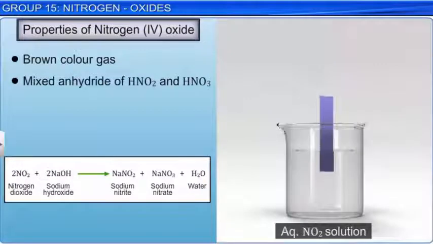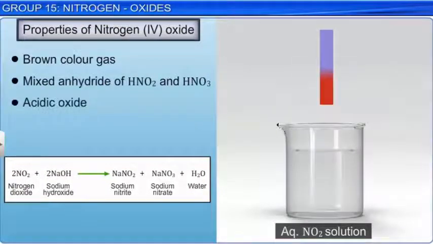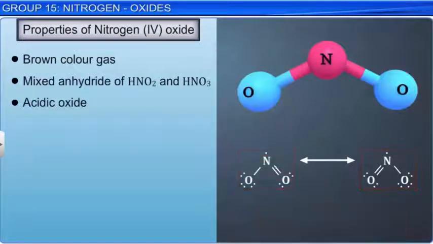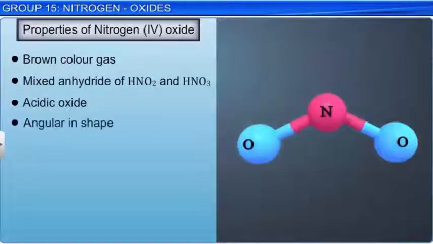Hence, it is an acidic oxide. Examine the resonance structures of nitrogen dioxide. The molecule exists as a resonance hybrid of these structures. The molecule is angular in shape with a bond angle of 134 degrees and bond length of 120 picometers.